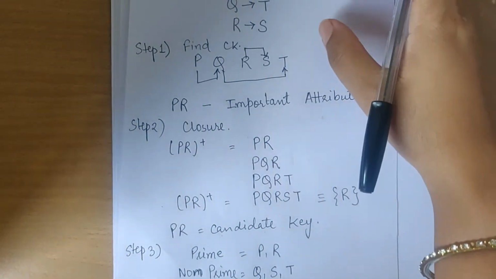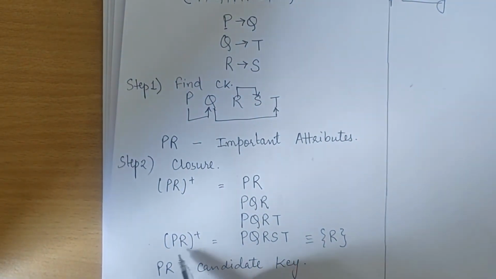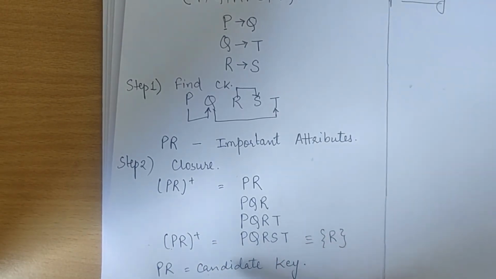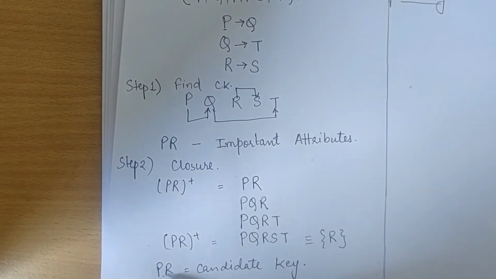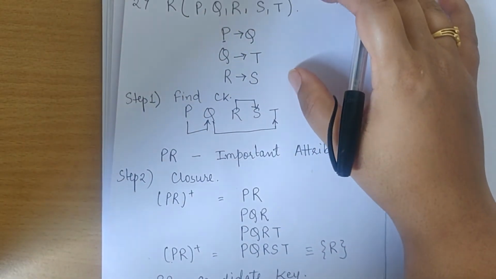Now check the dependencies and find out if there is any proper subset of PR, because PR is the candidate key. Which ones are the proper subsets? P is a subset, R is a subset. If P alone finds out something or R alone finds out something, then there is a problem and it will not be in second normal form, because this leads to partial functional dependency.